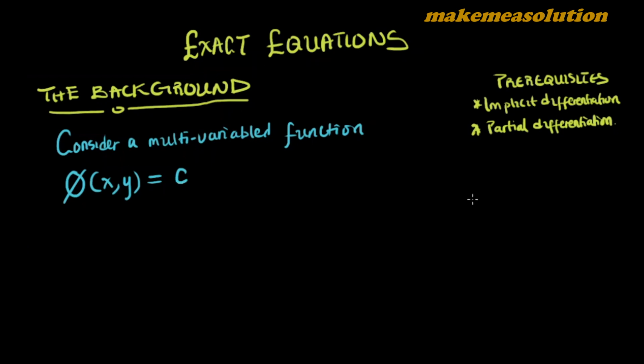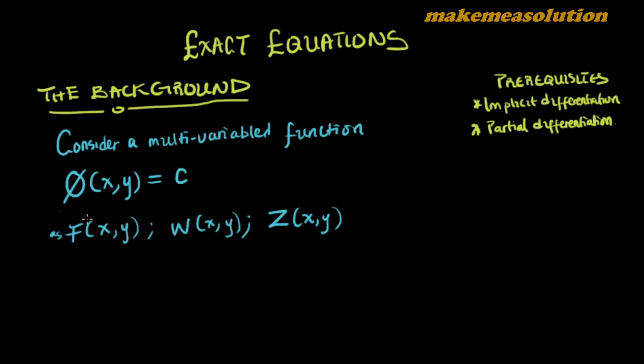Some persons may still write this particular one with another symbol. Some might write it as f of x comma y, some might write it as w of x comma y, some might write it as z of x comma y. But I want to use phi, this Greek letter phi, to represent my multivariable function.